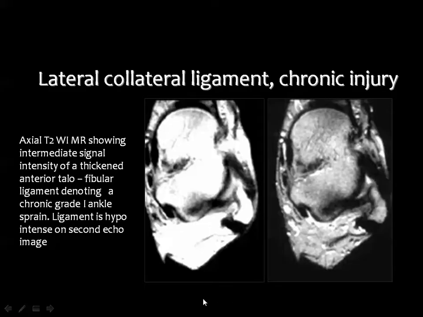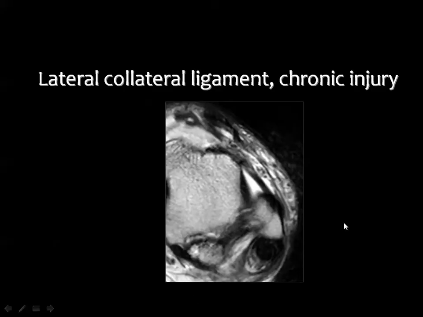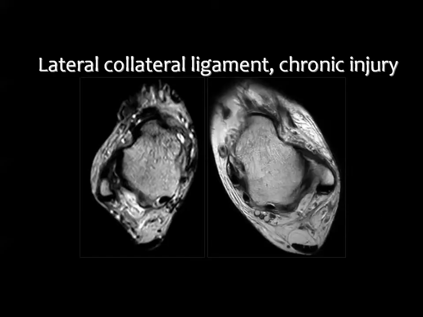Another example of chronic injury of the lateral collateral ligament with diffuse thickening maintaining its normal signal. Two different examples of chronic injury, and the ligament is of dark signal, but its caliber has much increased.